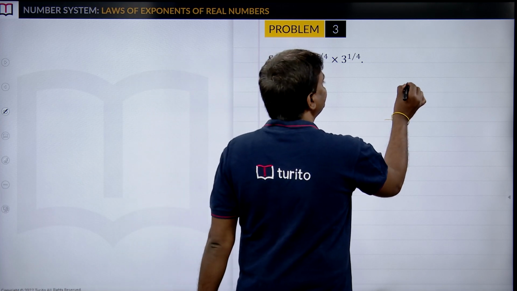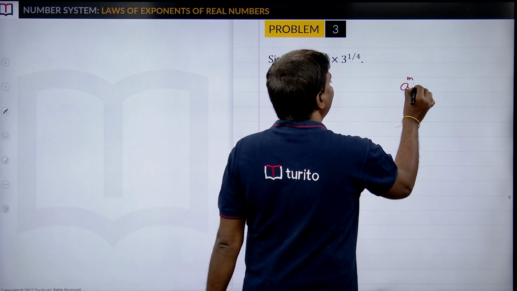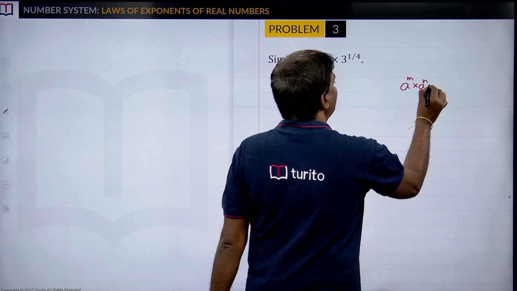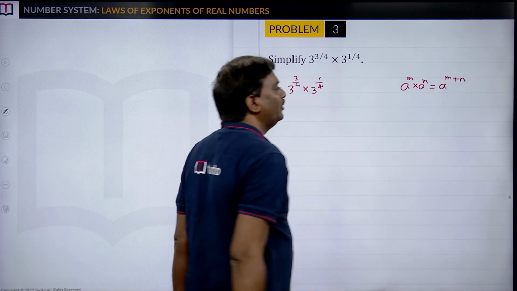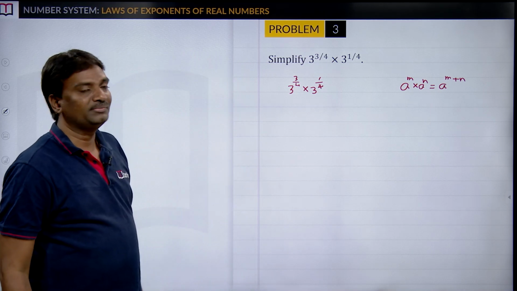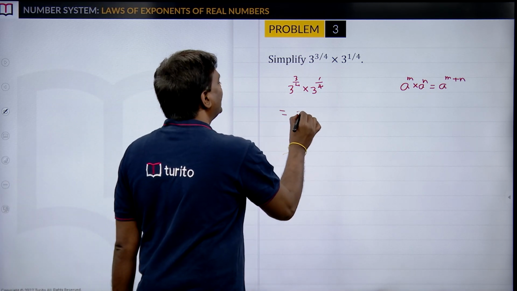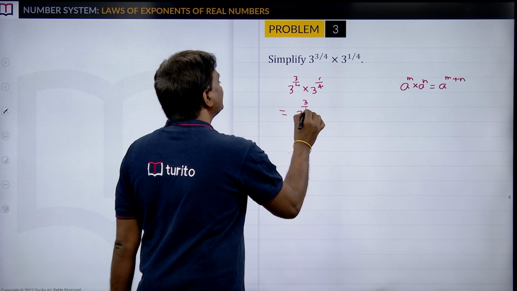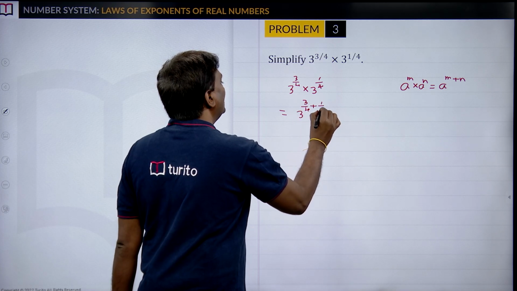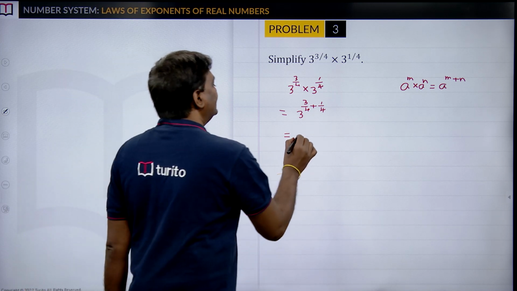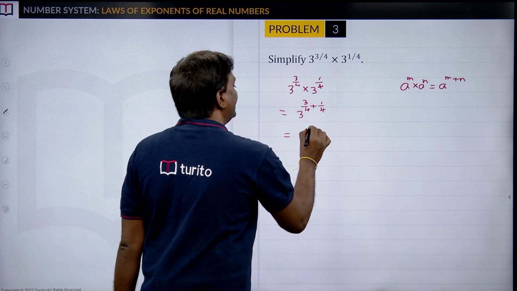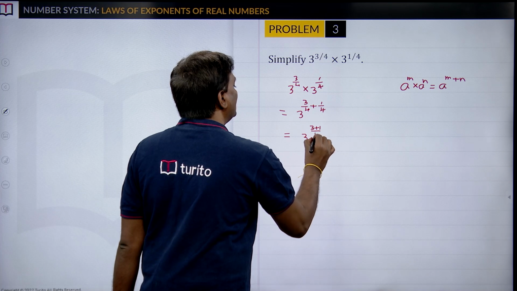Since the bases are the same and the powers are different, you can take a power m into a power n equal to a power m plus n. So according to that formula we can write 3 power 3 by 4 plus 1 by 4, where by taking 4 as LCM you will get numerator 3 plus 1 by 4.